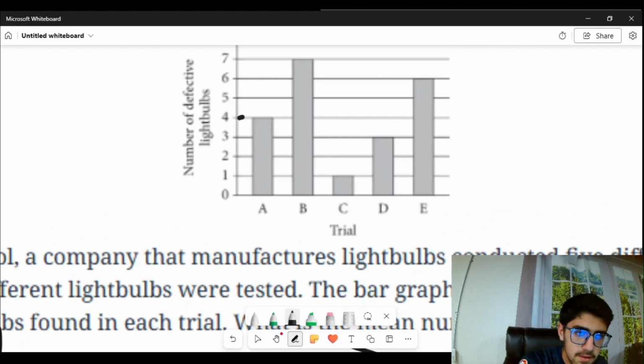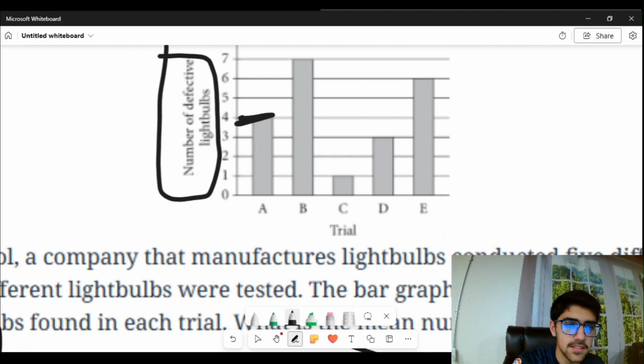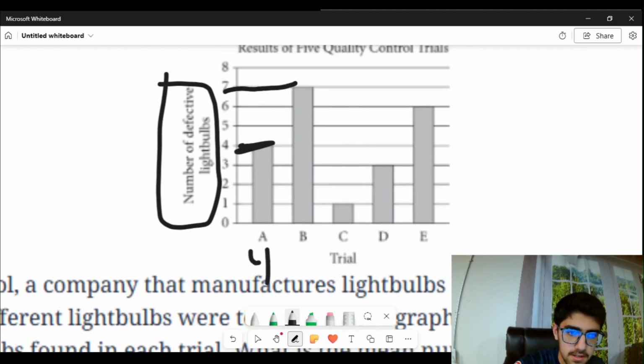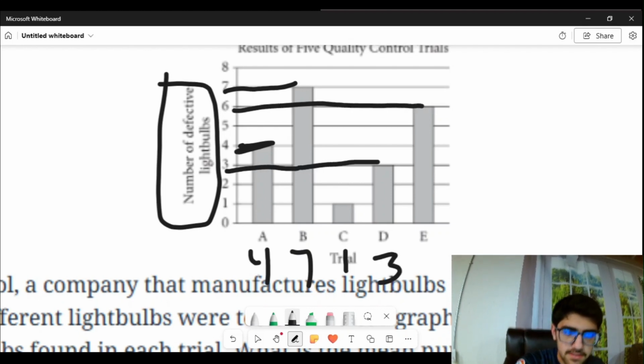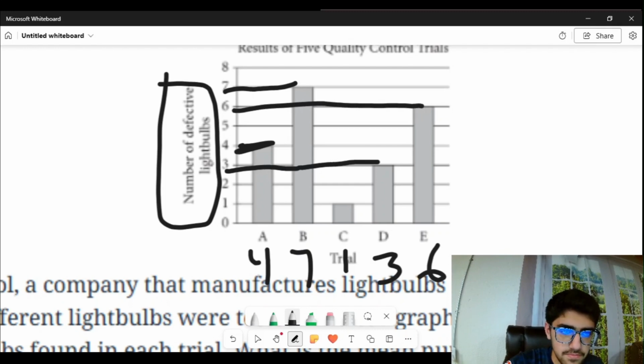So for A, it's 4. Number of defective light bulbs is on the y-axis. So for A, it's 4. For B, it's 7. For C, it's just 1. For D, it is 3. And for E, it is 6. Then from there, you just open Desmos.